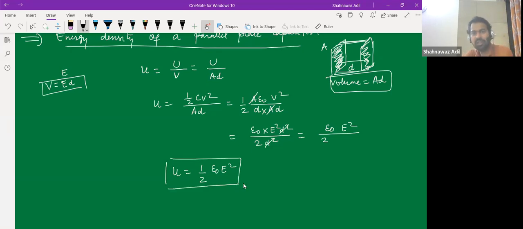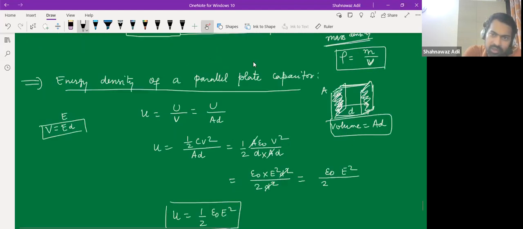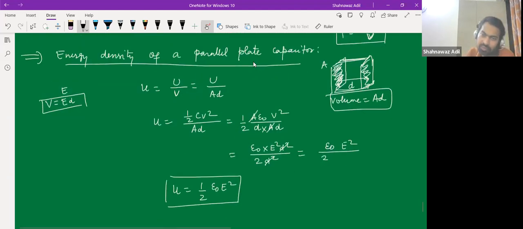Okay, is this part clear to you, Aisha? Yes, sir. Yeah, please note down this part. I was trying to write it in terms of sigma, but that is not necessary, because E is sigma by epsilon naught.